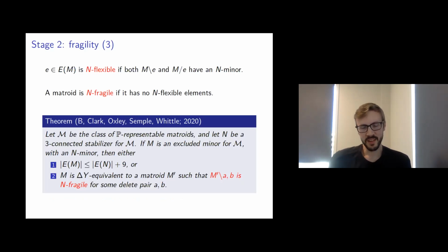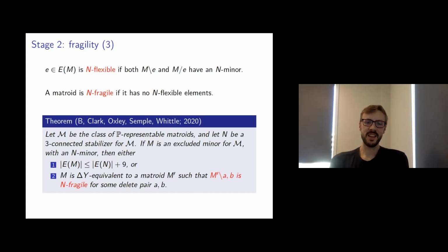And so this result here is, in a sense, saying that you can reduce this problem of bounding the size of an excluded minor to bounding the size of a fragile matroid. So there are a couple of outcomes. One is that we can straight away just bound the size, so we're happy with this. The other outcome is that you give me a delete pair AB and a matroid M, and I say, well, here's some matroid M prime that's delta Y equivalent to this, and some other potentially delete pair AB, and that's fragile.